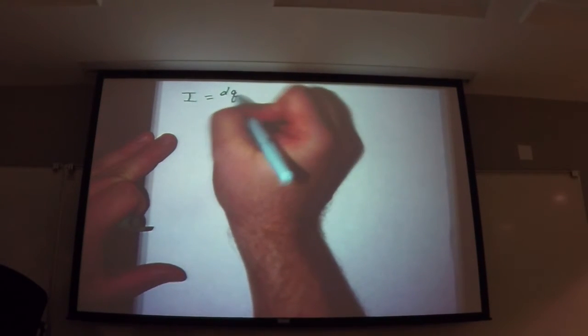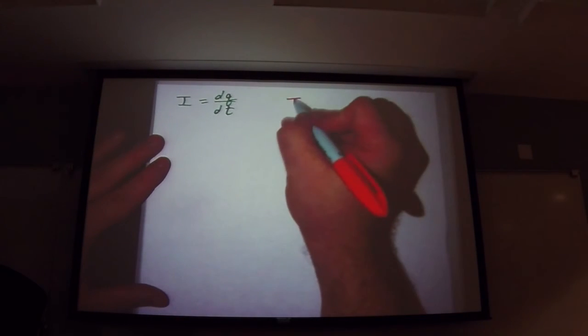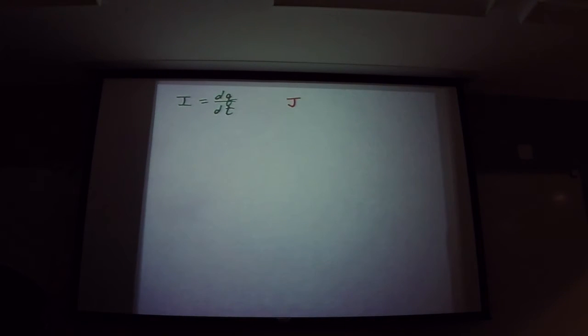Okay, so last time we brought up the definition of current: charge flowing through time. We brought up current density, current per area.